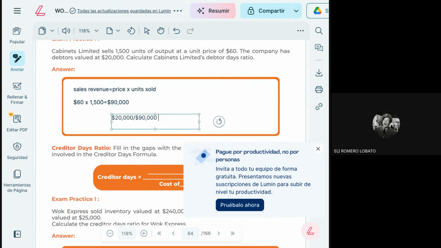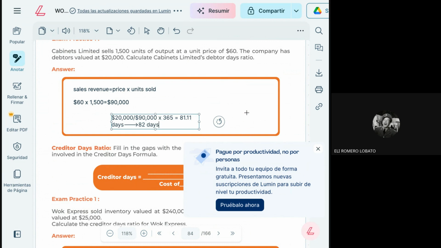After that, I'm going to repeat debtors valued over sales revenue, then times 365, because with this we are going to get the days that the enterprise is going to provide the credit to the debtors, okay? That's why we got 82 days. Don't forget you must use both. 81.111, that's why 82 days, okay?